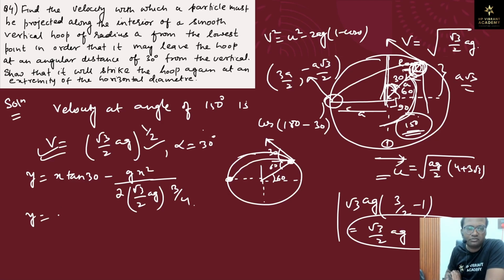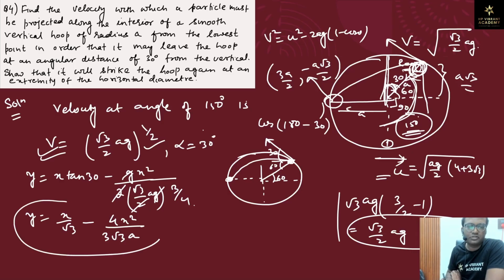So y is equal to x upon root 3 minus 4x square upon 3 root 3 a. Okay. So now let us put the coordinate here.